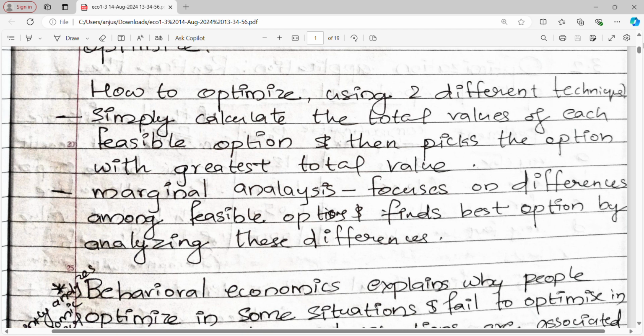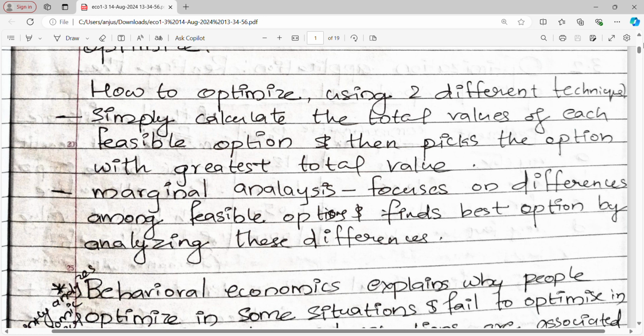For example, the benefits we get while traveling by cab minus the cost of traveling by cab. The alternative option is public transportation, the metro: the benefits we get from traveling by metro minus the cost of traveling by metro. Benefit minus cost gives us the total value.